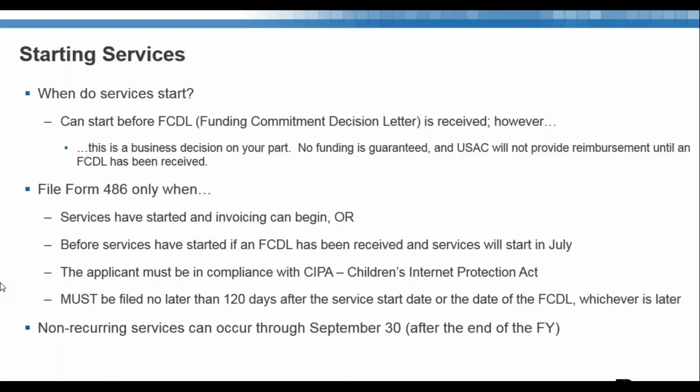And then this form has to be filed no later than 120 days after the service start date or after the date of the funding commitment decision letter, whichever is later. Non-recurring services, like an installation, for example, or some MAC work, can occur through September 30th after the end of the funding year.